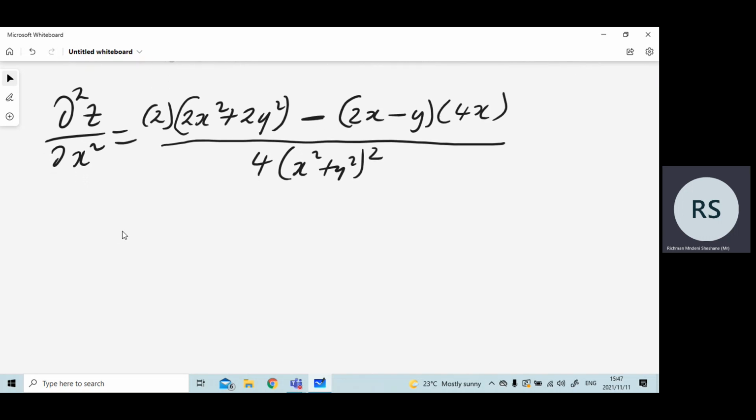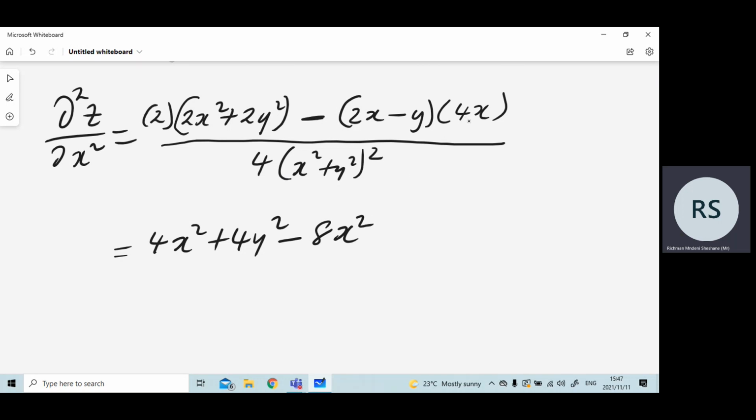Let me simplify my second partial derivative. I will multiply 2 inside, so I will have 4x squared plus 4y squared. Then I multiply the 4x and the minus with 2x, which gives minus 8x squared.